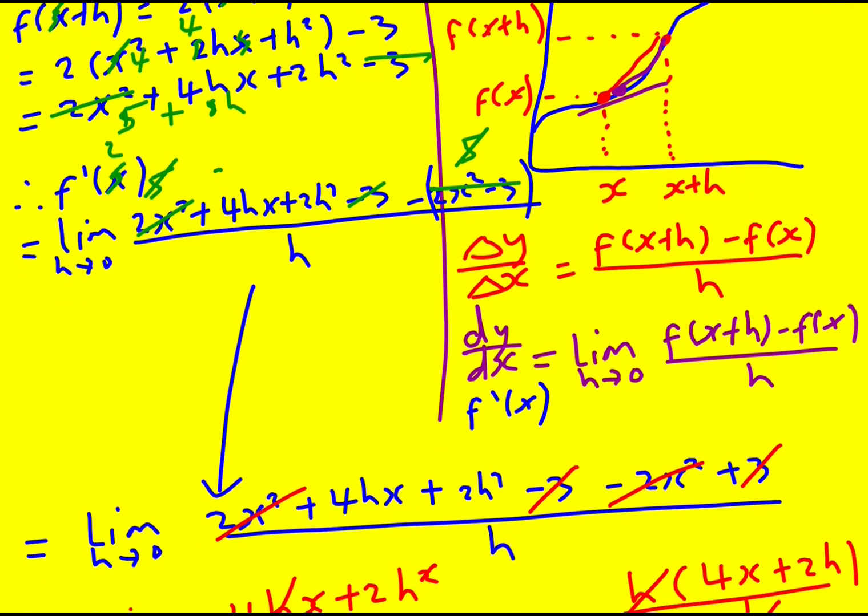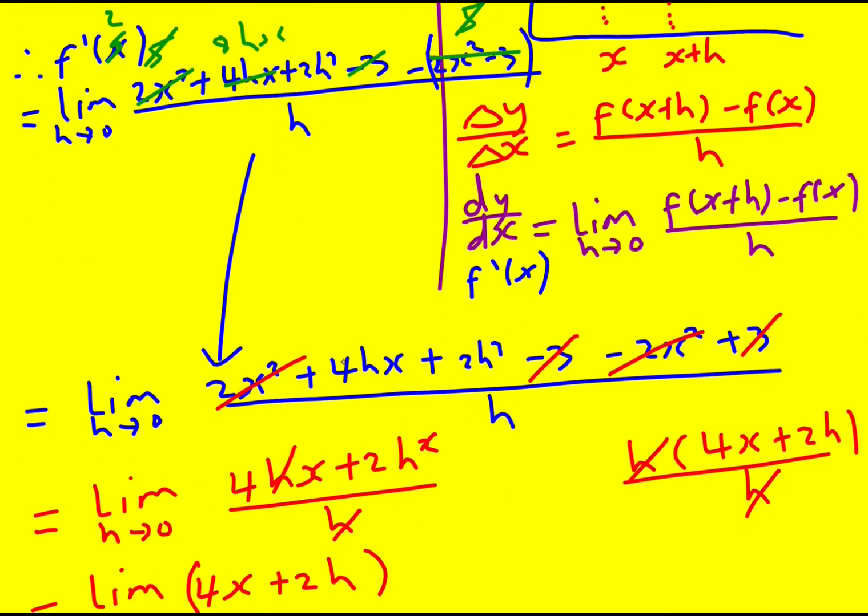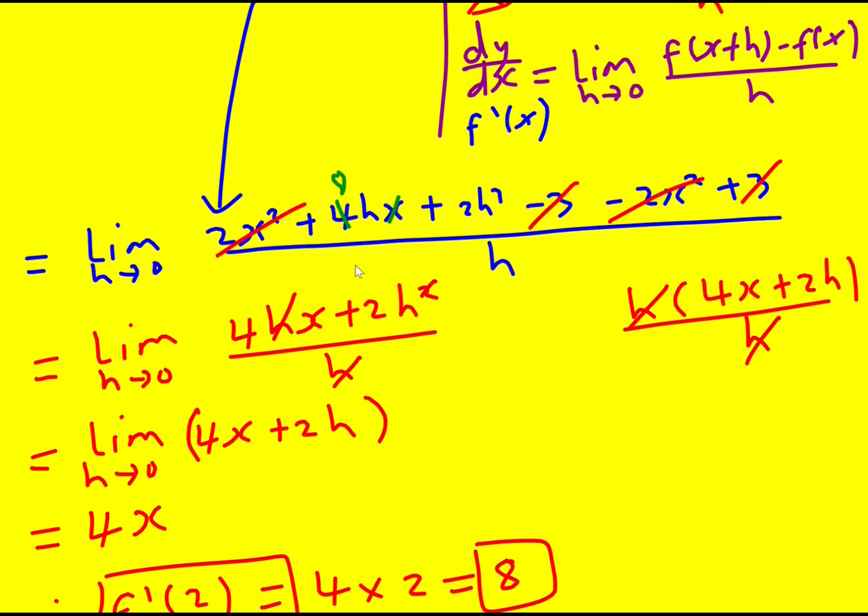And this would be 8hx, but otherwise very, very similar. Here, like I've cancelled it out there, but this is now, sorry, not 8hx, just 8h, because x is 2. I hope this is making sense. So this is just 8h, and then this is just 8, this is just 8, and then I would get 8 there.